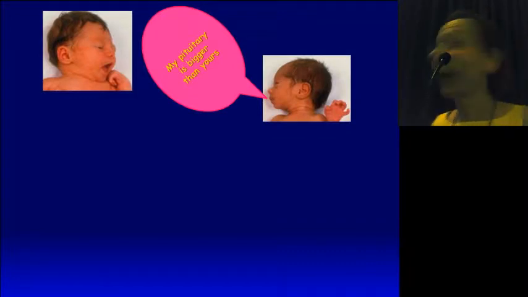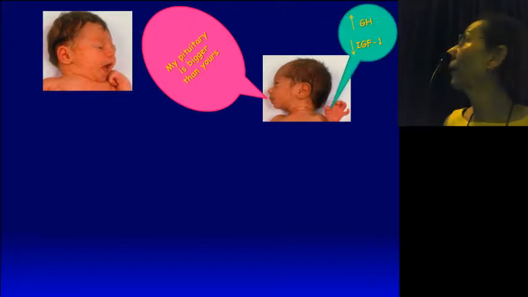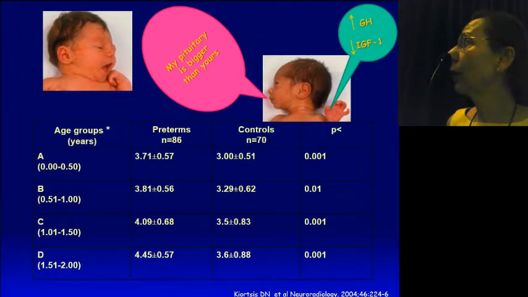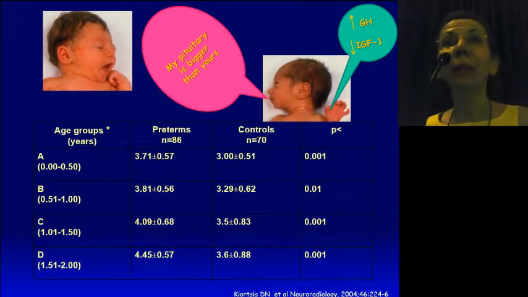And he's right, because if you compare the pituitary gland height in preterm babies during the first 2 years of life to the pituitary gland in term babies, you will see that the pituitary gland in preterm babies is higher compared to the pituitary gland in full-term babies.